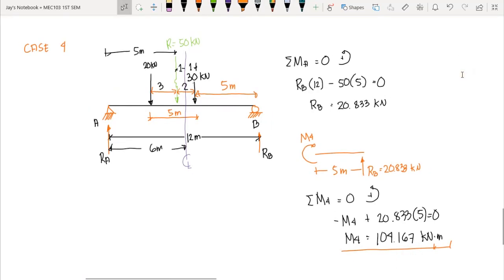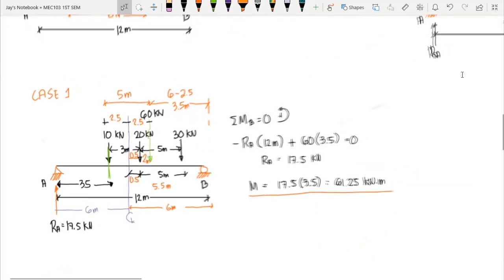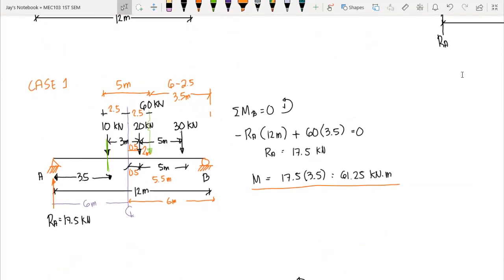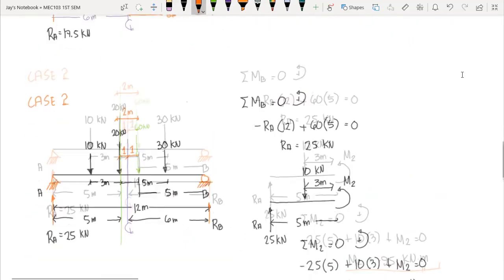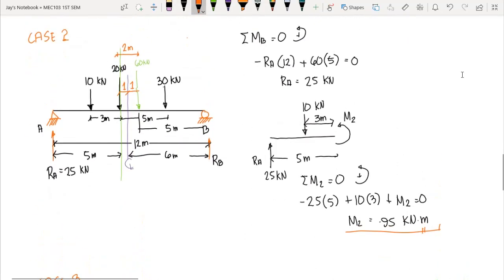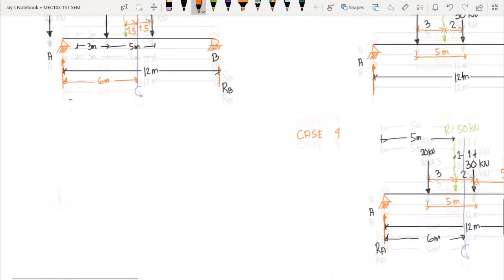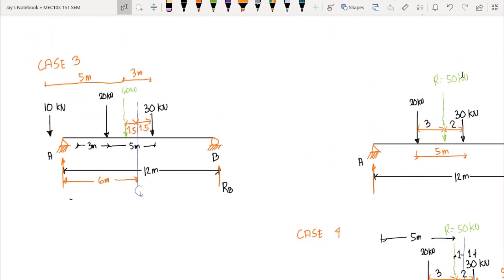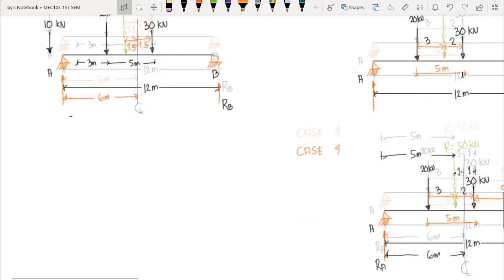Now, to determine the maximum moment, we compare the moments that we have computed. For case number 1, the moment was 61.25 kilonewton meter. For case number 2, the computed moment was 95 kilonewton meter. For case number 3, we have not computed the moment.